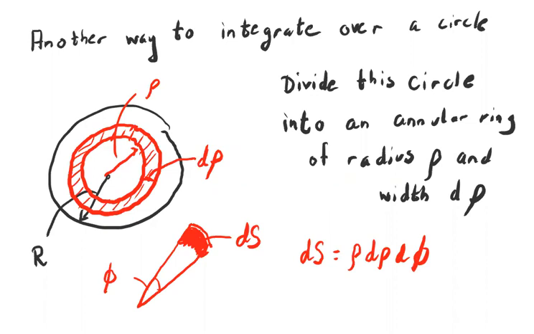Next, I want to add these contributions up and go around the entire circle so I can get an expression for the differential surface area of the annular ring. So to do that, what I simply have to do is take this small little region ds and integrate over the angle phi.